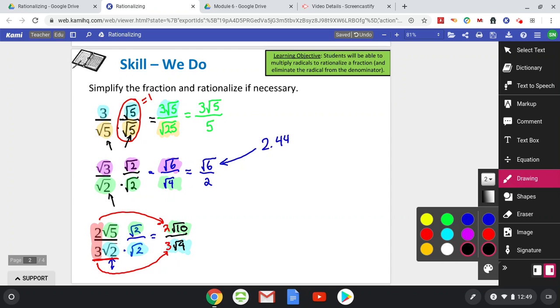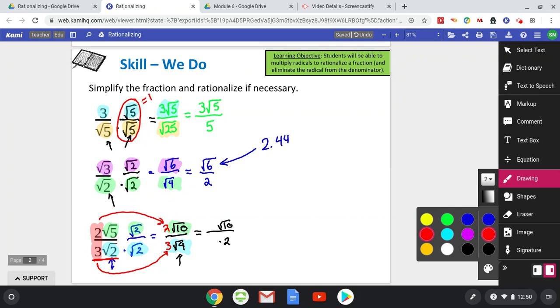Now the next step is we are going to simplify if possible. Let's see if we can simplify the bottom. The square root of 4 is 2 right here. So instead of putting 4, I'm going to put 2. And at the top, 10 is 2 times 5. You cannot simplify that. We're going to bring the 10.